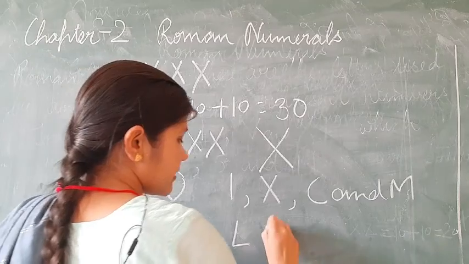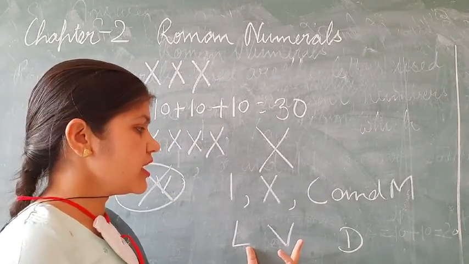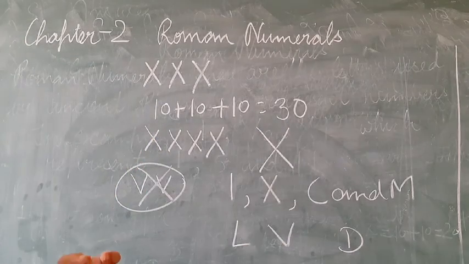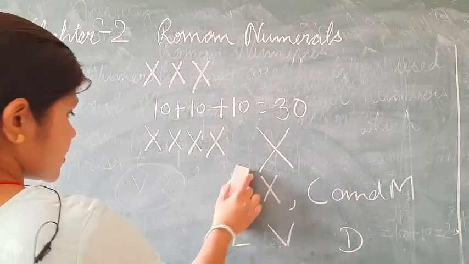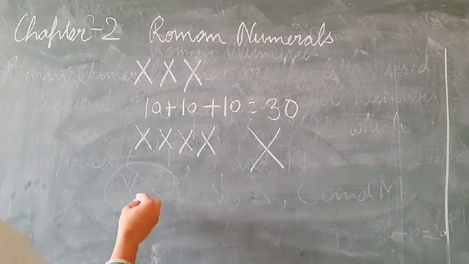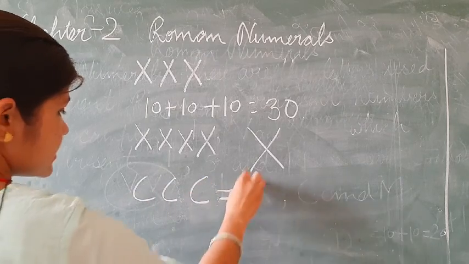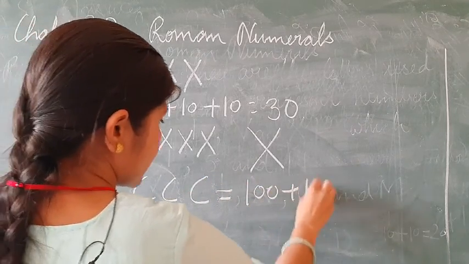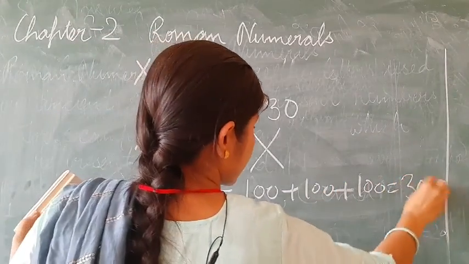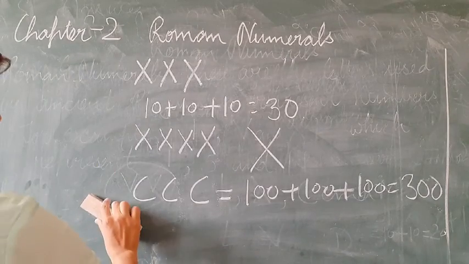And L, V, D are the 3 letters which cannot be repeated. And repetition is allowed only 3 times. We can write CCC, that is 100 plus 100 plus 100. It is 300. Yes, students, is it clear?